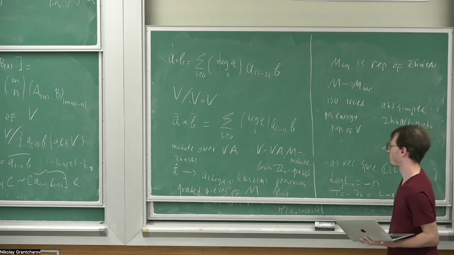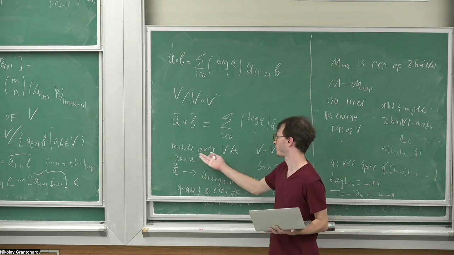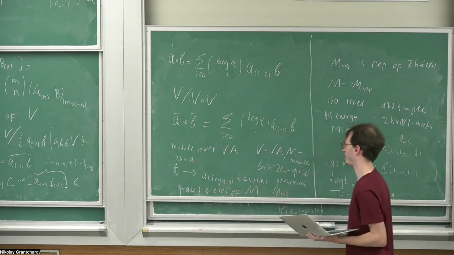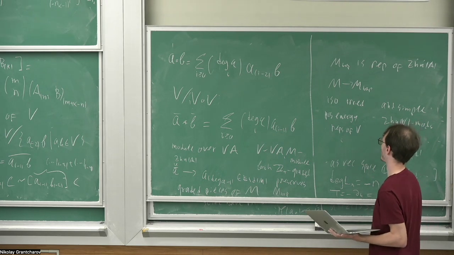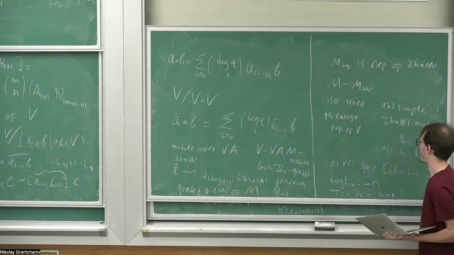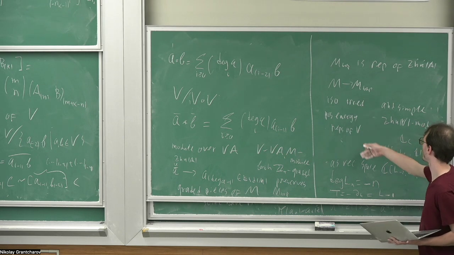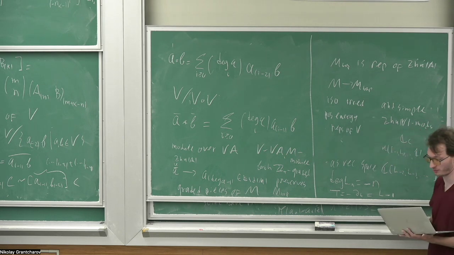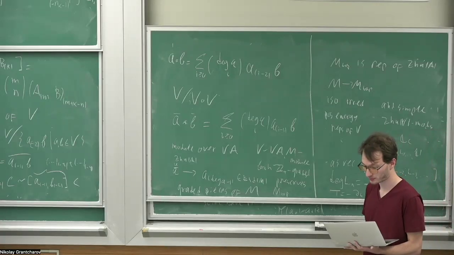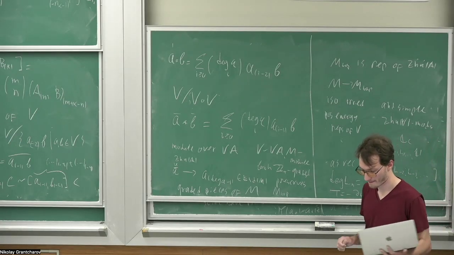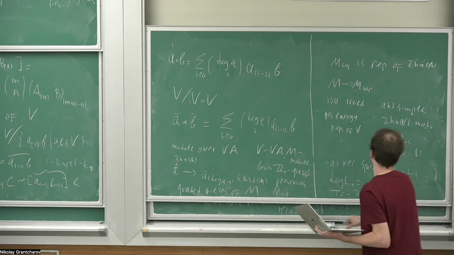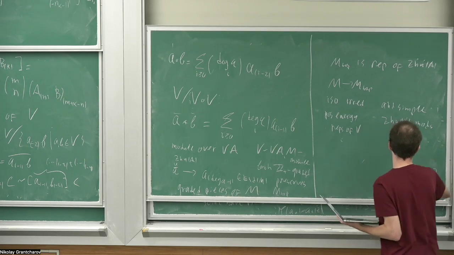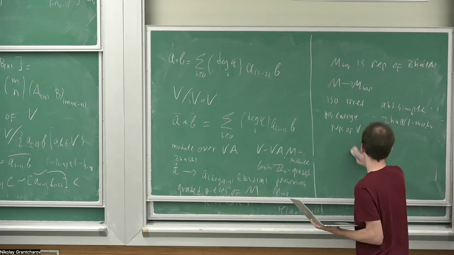So if you want to study modules over vertex algebras, which is hard, then, assuming some properties, you can instead study modules over this Zhu algebra of V. This is why it's useful, and how can you understand it?